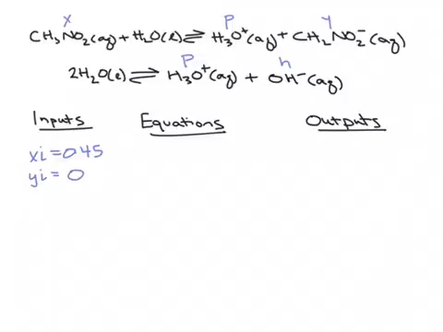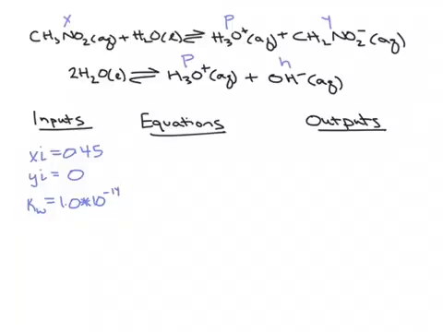Again, we're not going to write down anything for PI or HI because there's just too much uncertainty with the water present. But we do know that Kw is equal to 1.0 times 10 to the minus 14. Note that we're not writing down Ka as a known because that is what we are looking for.